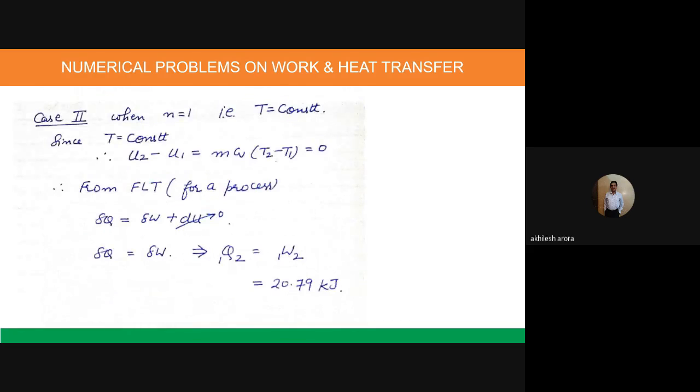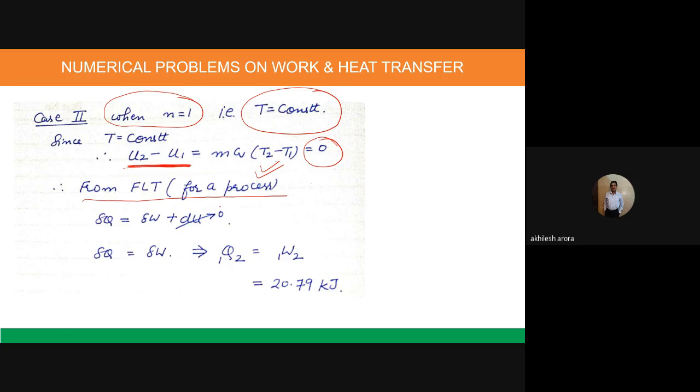Now we can calculate the value of heat transfer for n is equal to 1, that is constant temperature process. Once again, if I would like to calculate the value of U2 minus U1, this will be 0 because temperature is constant. So from first law of thermodynamics for a process, I can write delta Q is equal to delta W plus dU.